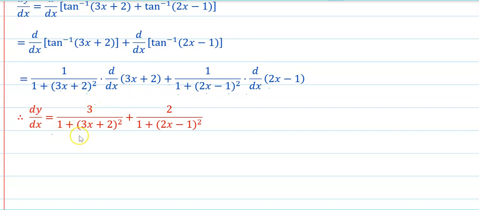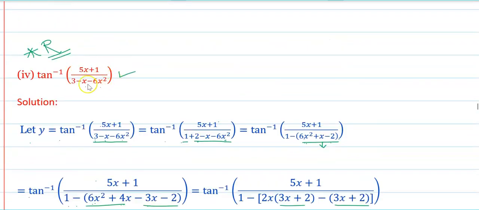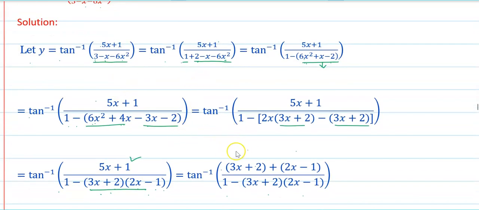So 3 upon 1 plus 3x plus 2 bracket square plus 2 upon 1 plus 2x minus 1 bracket square. And in this way, find out the derivative of tan inverse of 5x plus 1 upon 3 minus x minus 6x square.